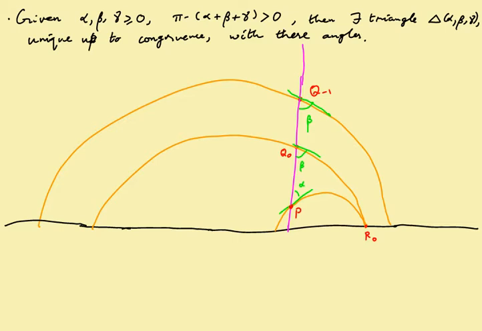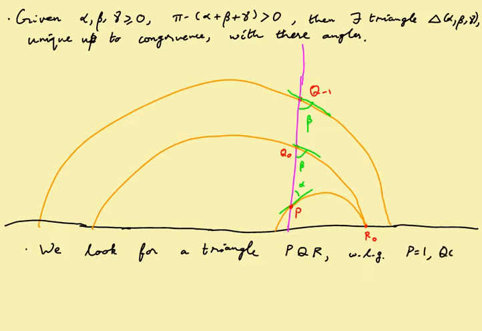So by symmetry, we look for a triangle PQR. And here's already a picture. Without loss of generality, let's say P equals i and Q belongs to the imaginary axis iR.